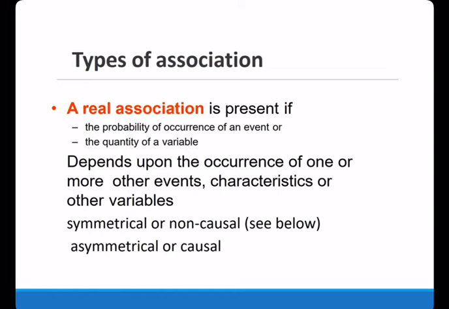In a negative association, a higher value of one variable is associated with a lower value of the other variable. Associations can be broadly grouped under two headings: symmetrical or non-causal, and asymmetric or causal associations.